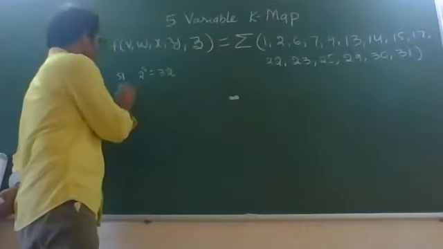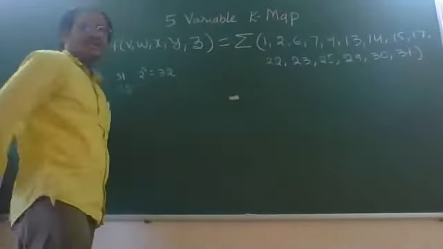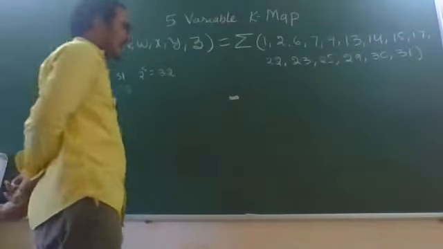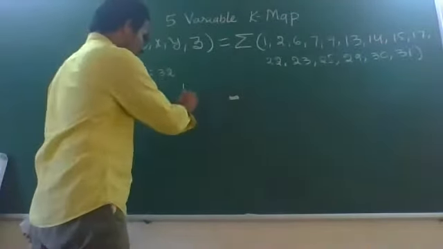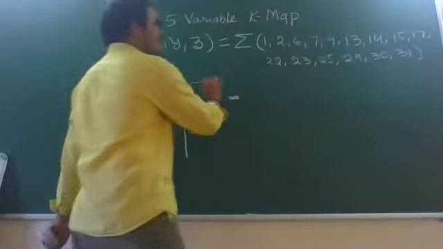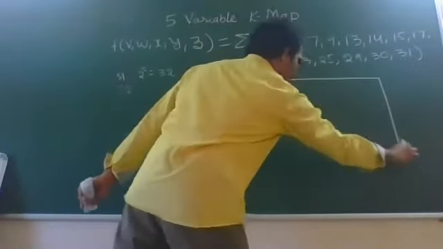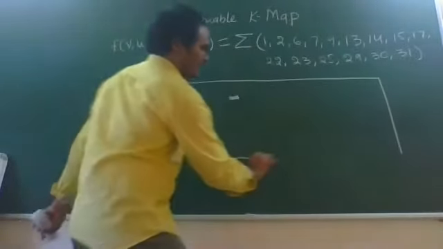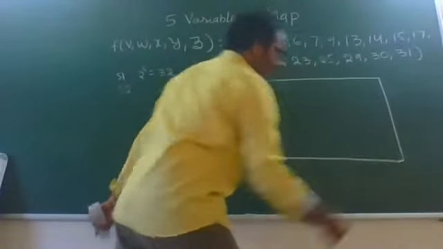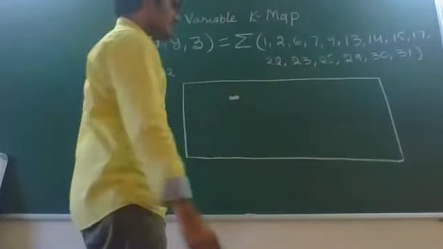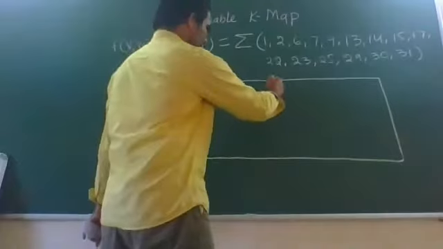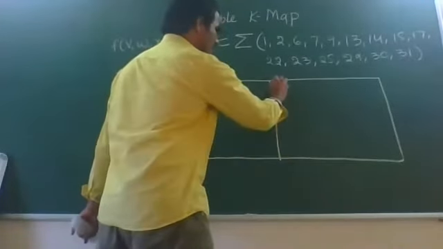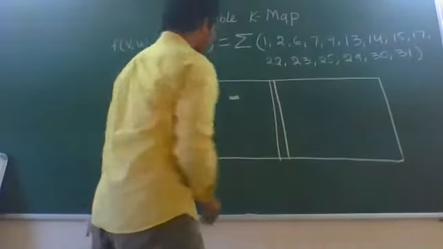The next step is to draw the K-map. In fact, the 5 variable K-map is obtained by joining two 4 variable K-maps. We will divide the map into two 4 variable maps. This is the separation line.